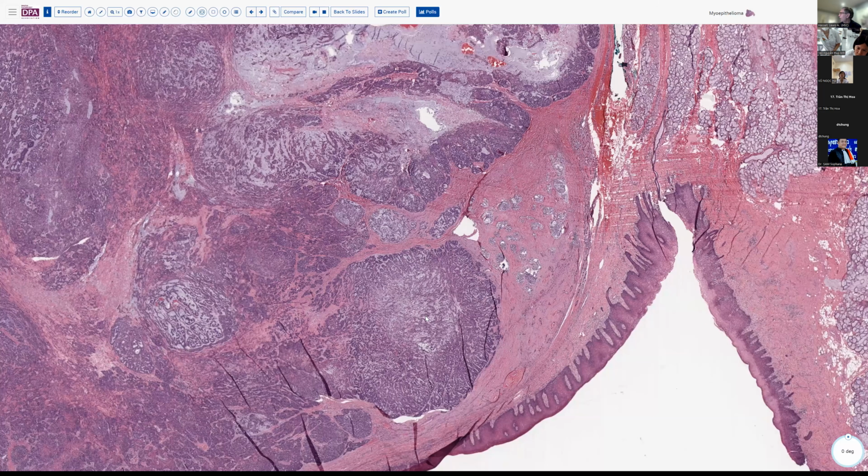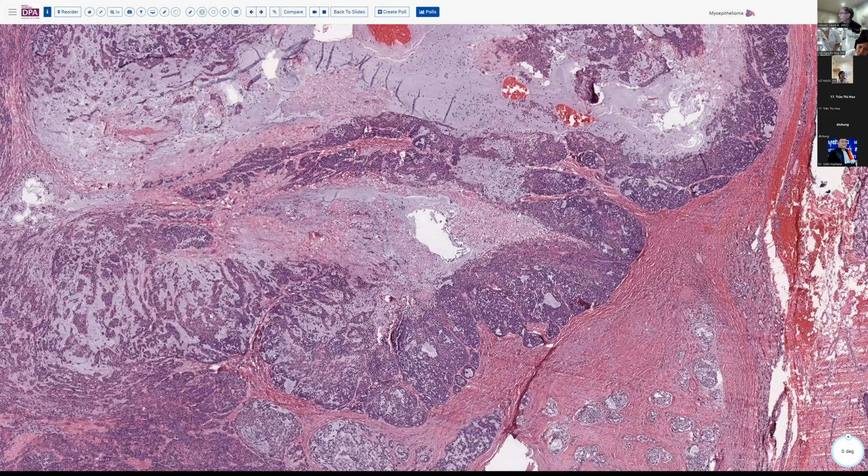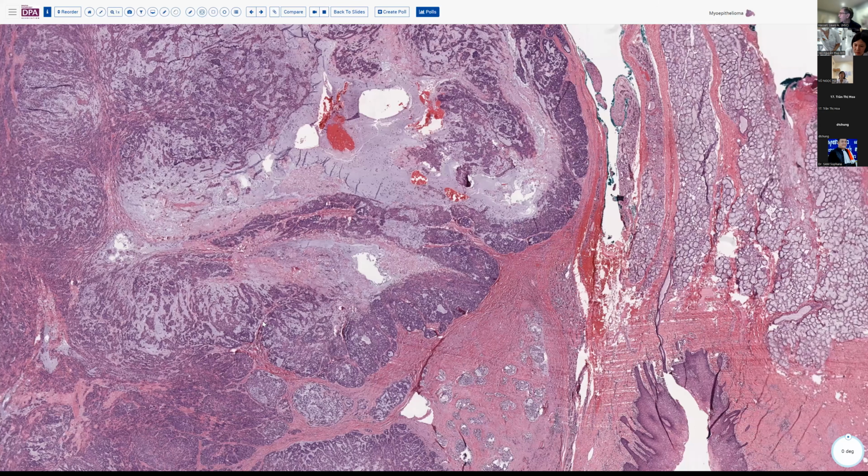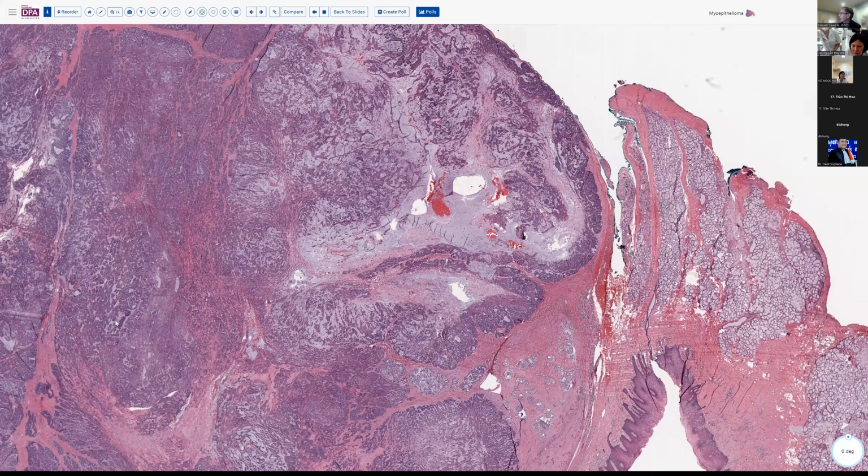And you can see we have more of this very myxoid or mucoid pattern of tissue. But notice that it's still quite nicely lobulated. It's not in a diffusely infiltrative pattern. It's mostly lobulated in this pattern. There's a little bit of, say, more infiltrative pattern here, but the overall appearance is of some degree of lobulation.